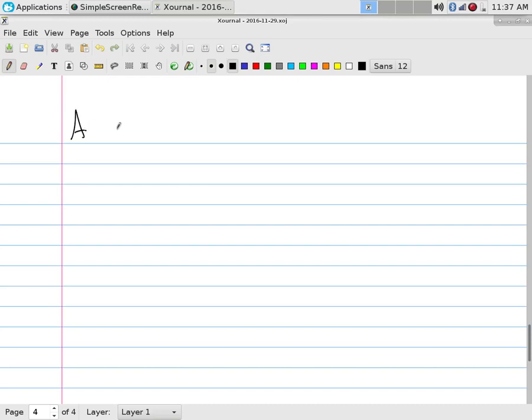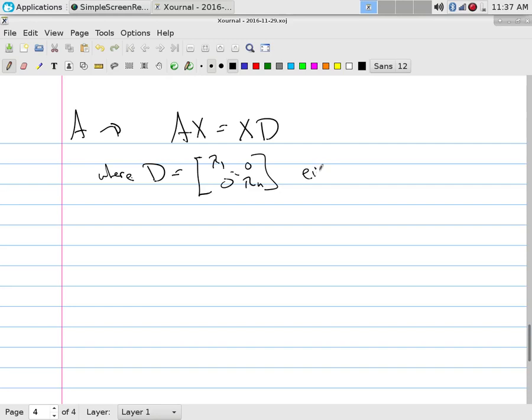So we have A. A can become this, AX equals XD, where D is made up of the lambda 1 to lambda n eigenvalues, right?